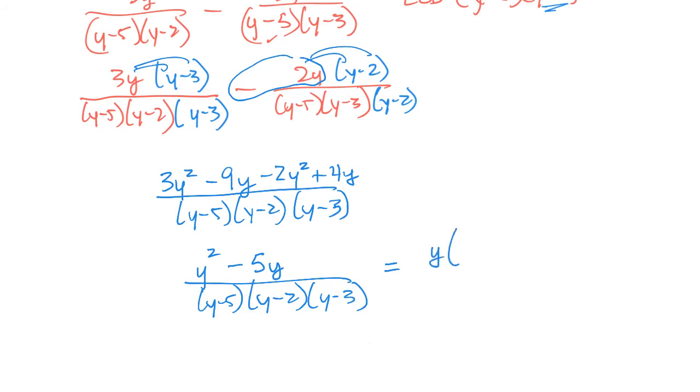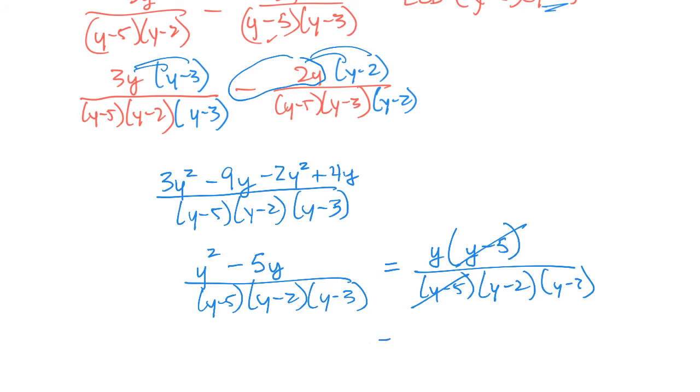You can factor out a y, leaving you with y minus 5. And then on the bottom, you have your common denominator. And notice that there is a common factor of (y - 5) that you can take out. So your final answer will be y over (y - 2)(y - 3). That's a tricky one. Good.